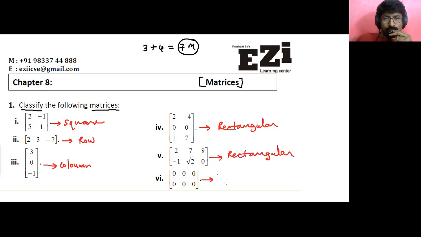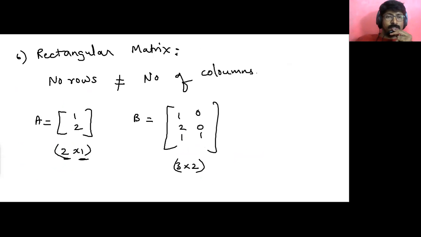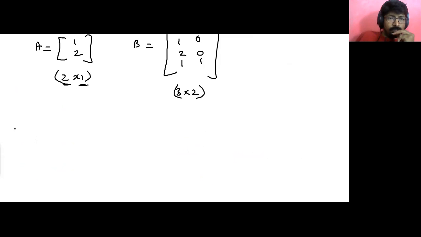And what will this be called? This is called a zero matrix. What is a zero matrix? I guess I've not covered that in the teaching part, so you can write the seventh type of matrix, which is called a zero matrix. Type 7. Please update your notes, guys.